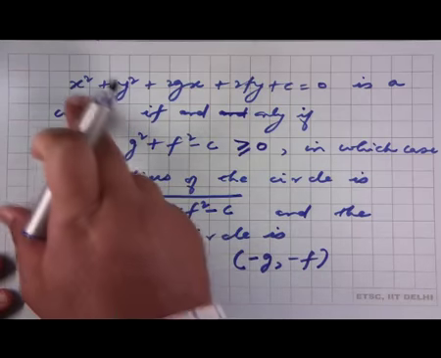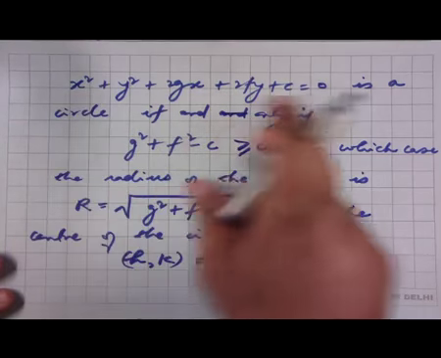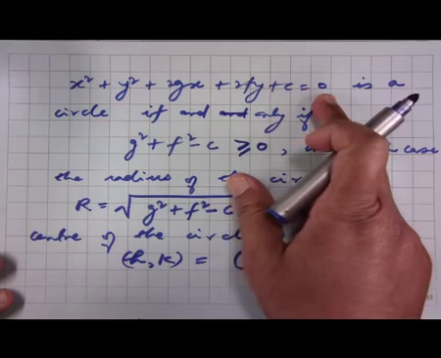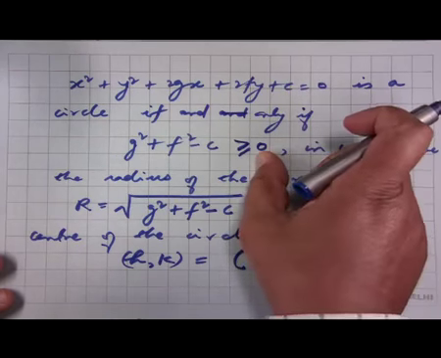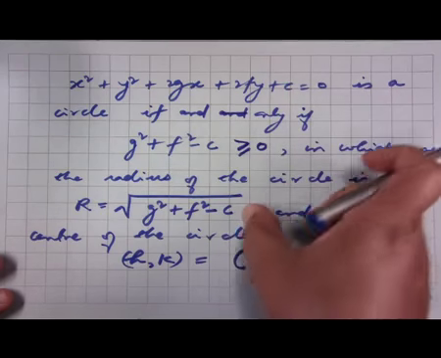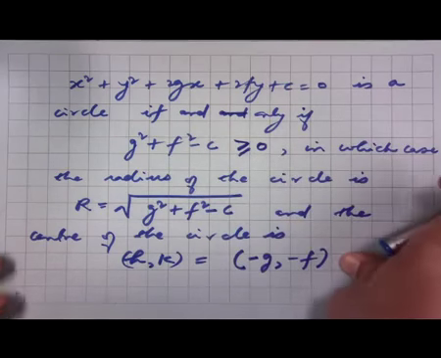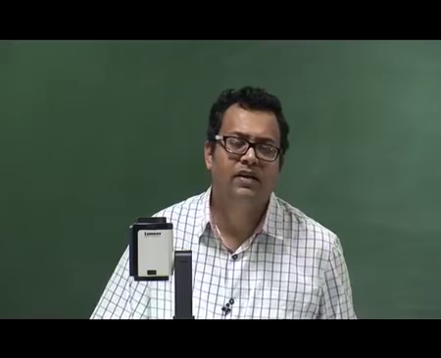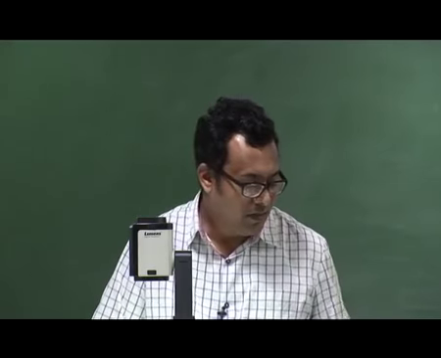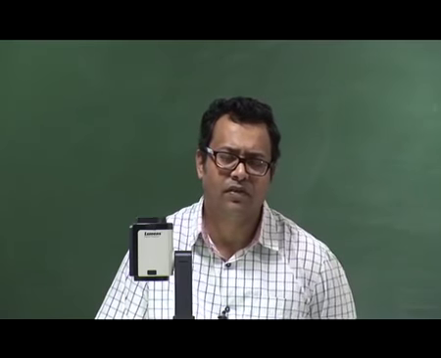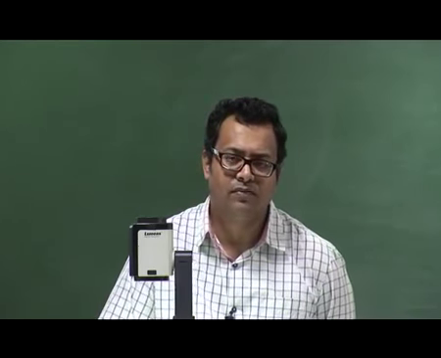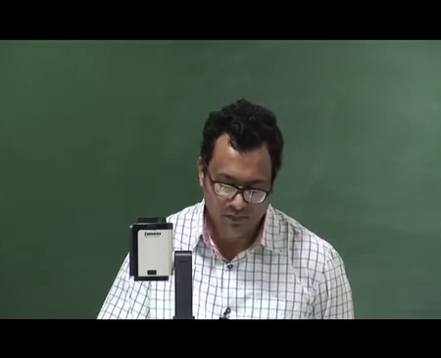So, essentially if we are given any equation of this form, we should be able to first check whether it is a circle or not, and then find the radius and the center of the circle. So, we will take more on this and other types of forms of equations of a circle in the next class.